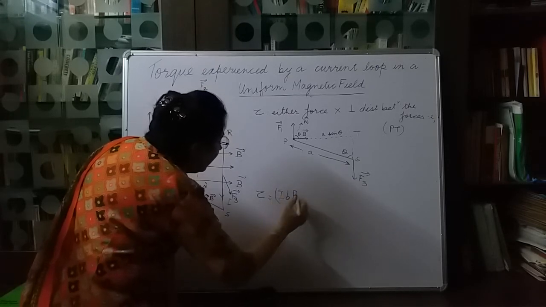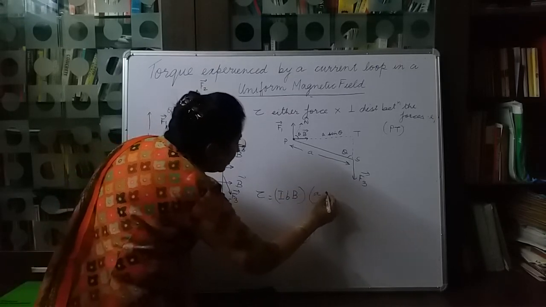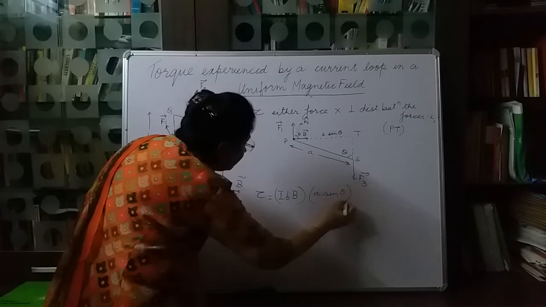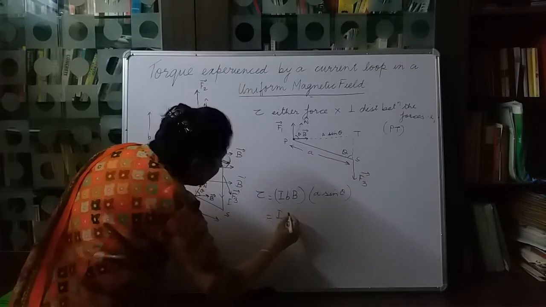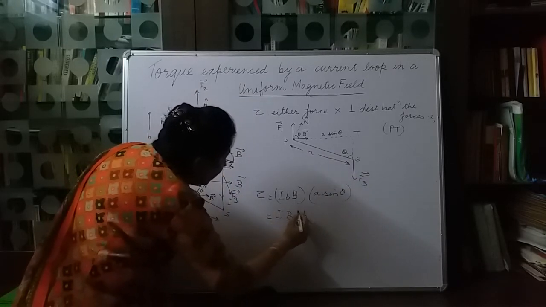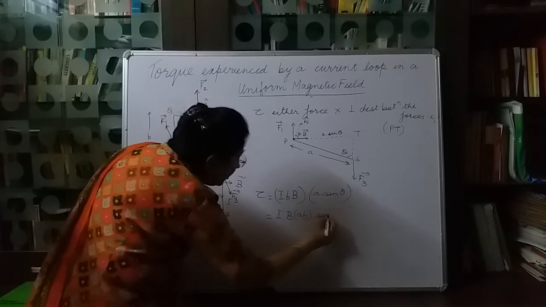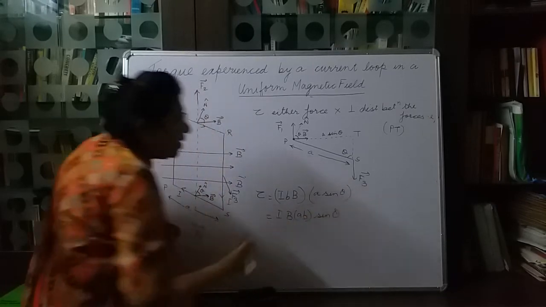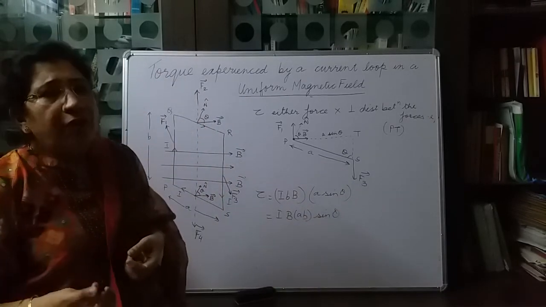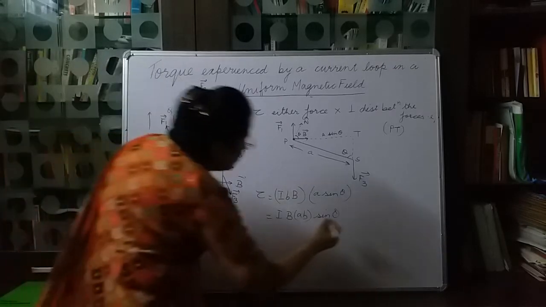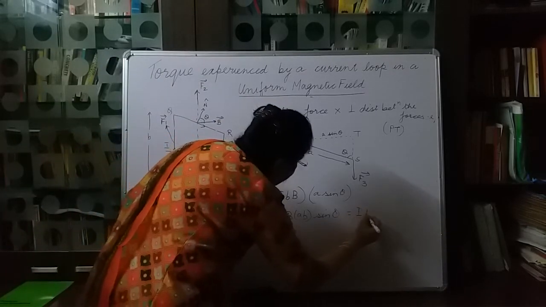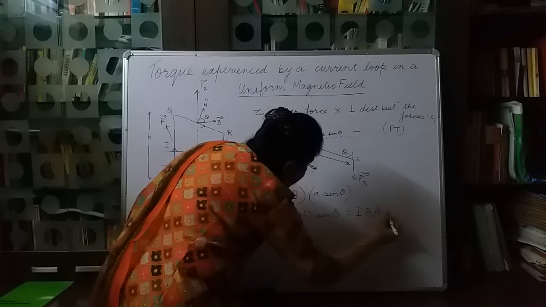Substituting, we get the force was IBb and the perpendicular distance is a sine theta. We get here a b sine theta. A into b will be the area of cross section of the coil. So this becomes IBA sine theta.